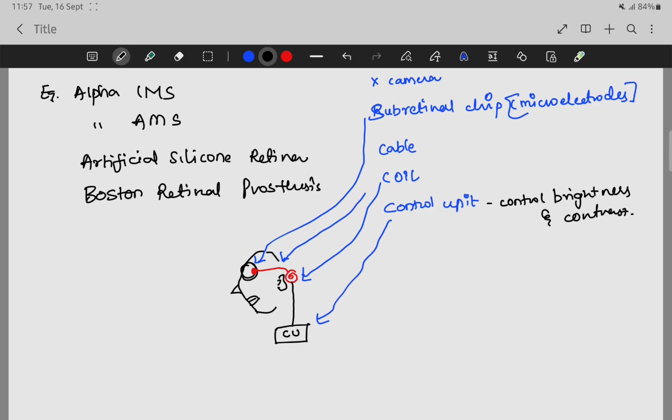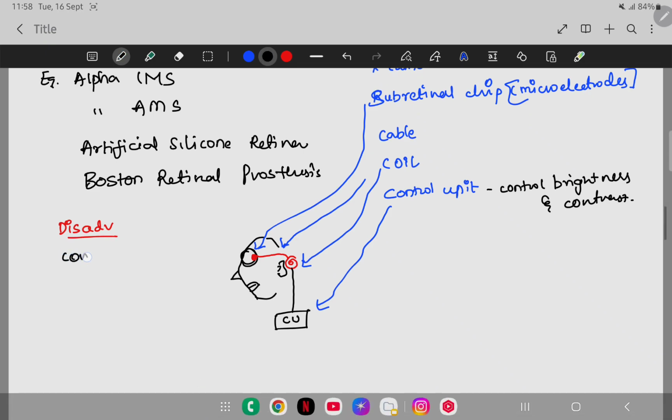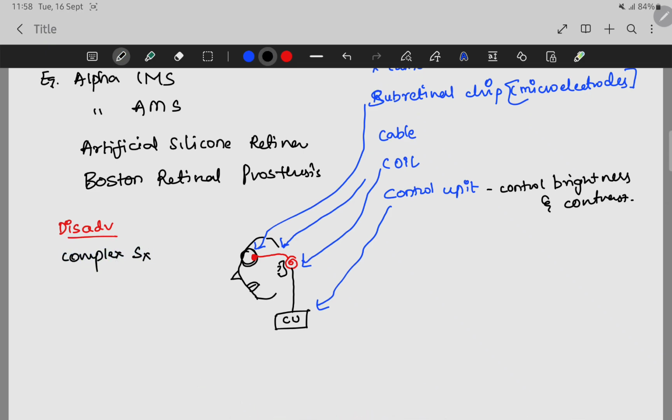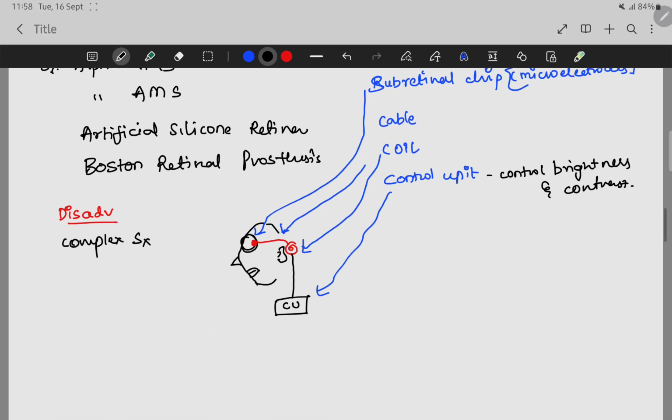So that's why it's almost replacing the natural retinal processing. So here the disadvantages are that the surgery is complex, and we also need a cochlear implant. So this coil which is placed, right, is a cochlear implant. This Boston retinal prosthesis is under clinical trials.